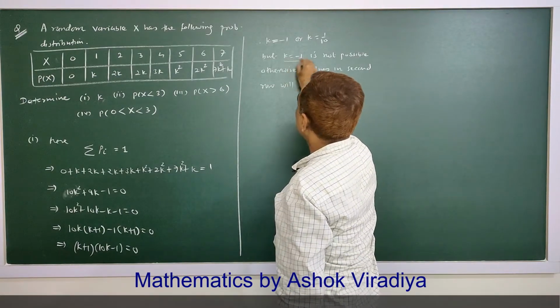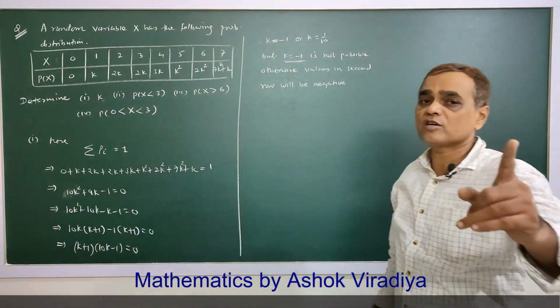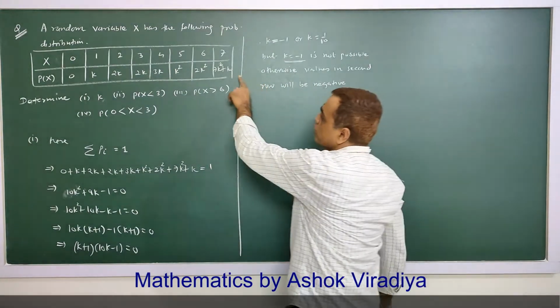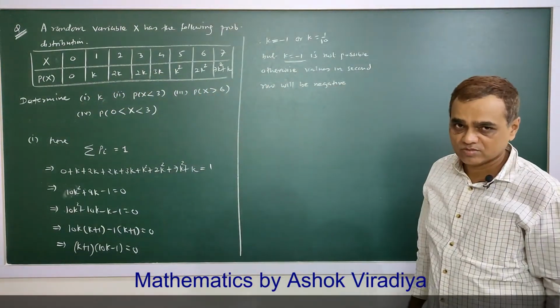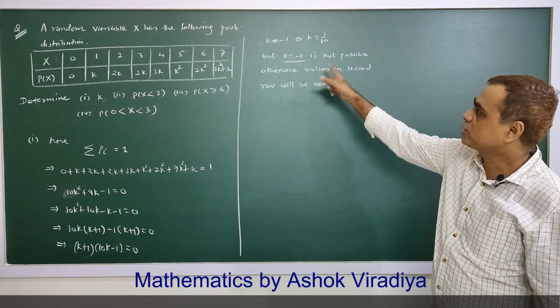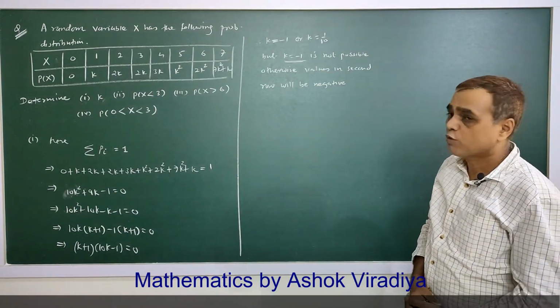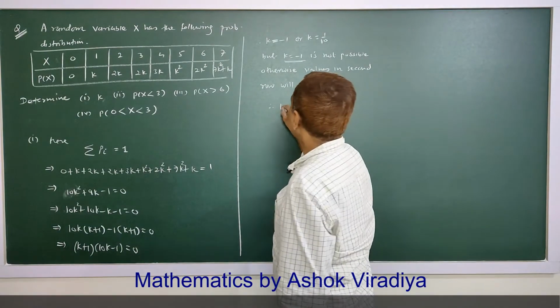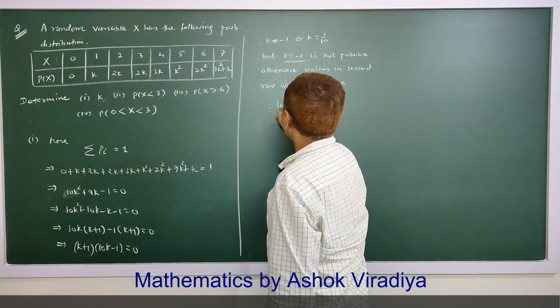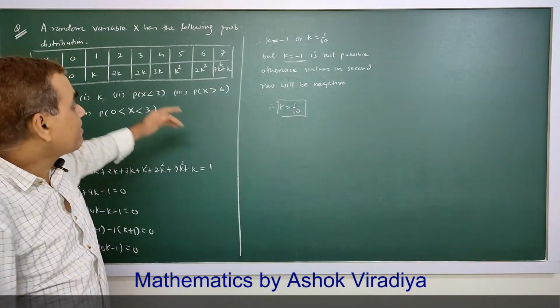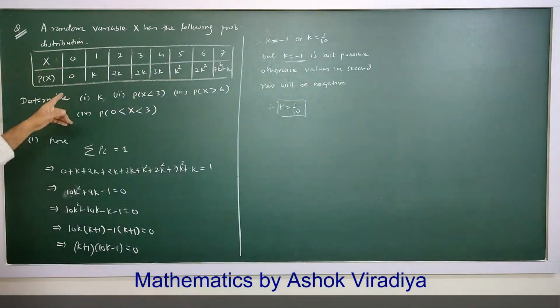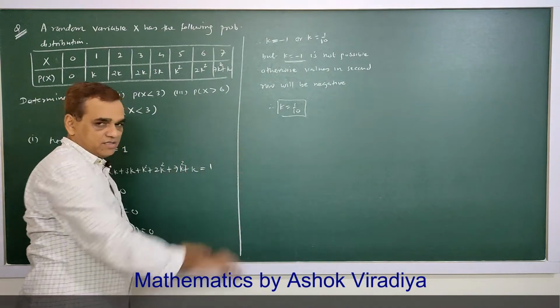So that's why k equal to minus 1 is not possible. Always these values must be positive, they should not be negative. So what is possible? k equal to 1 by 10 is possible. And putting k equal to 1 by 10 in this table, we can rewrite this table.